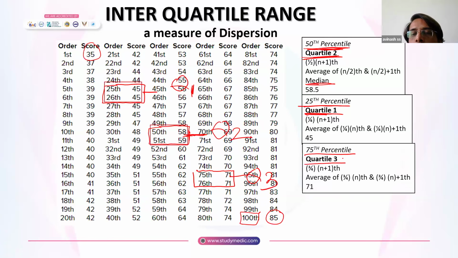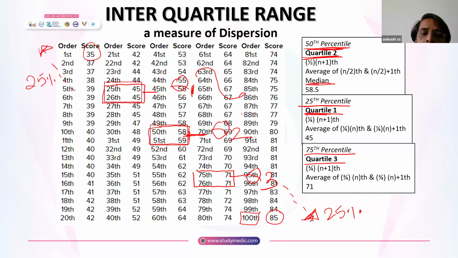Now, what percentage of women have scored lesser than quartile 1, that is lesser than 45? Around 25% have scored lesser than 45. What percentage of women have scored more than quartile 3? That is marks 71. Again, 25% have scored more than quartile 3.